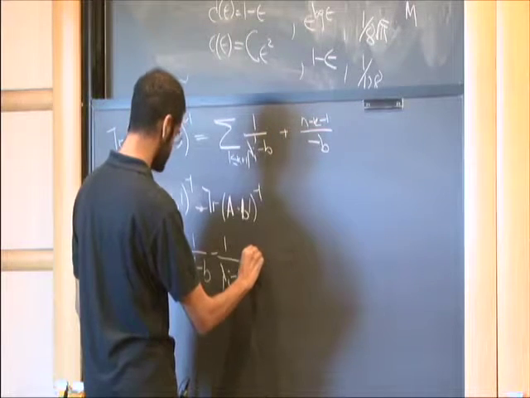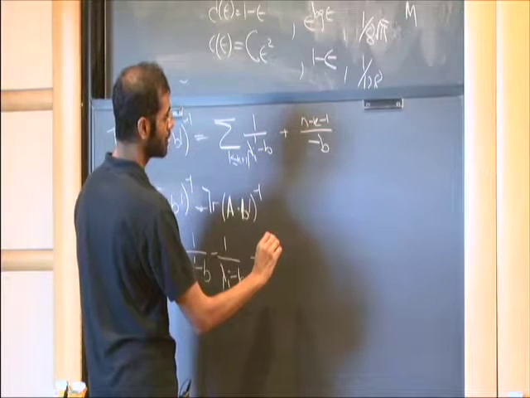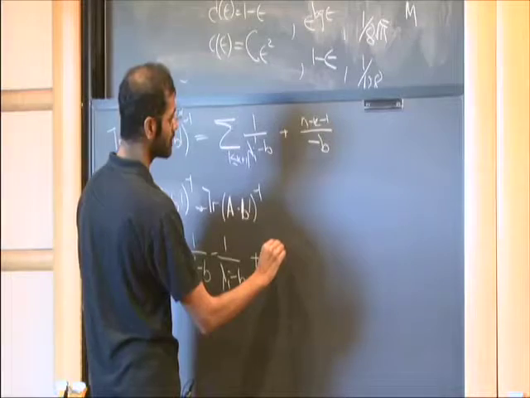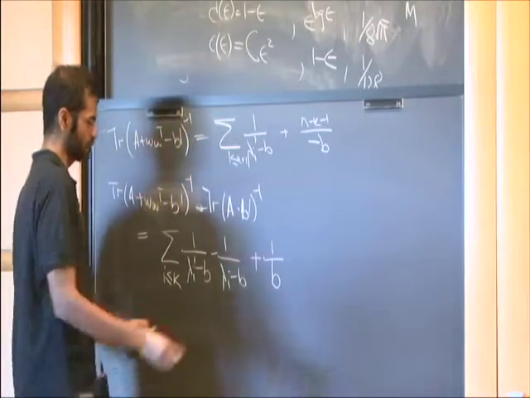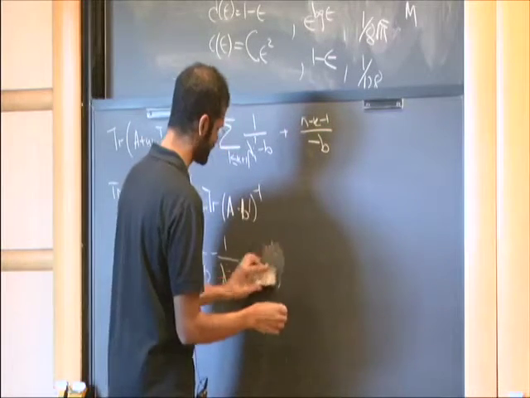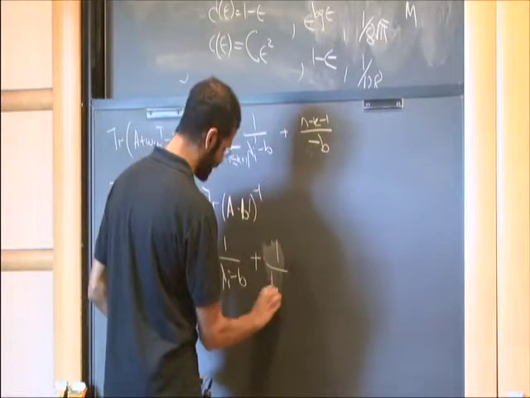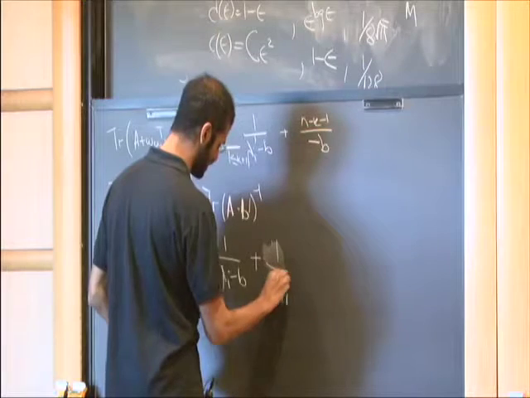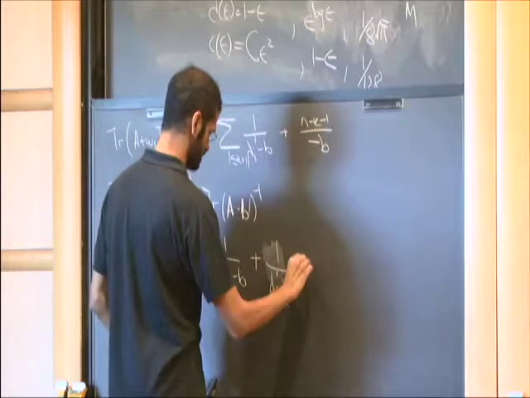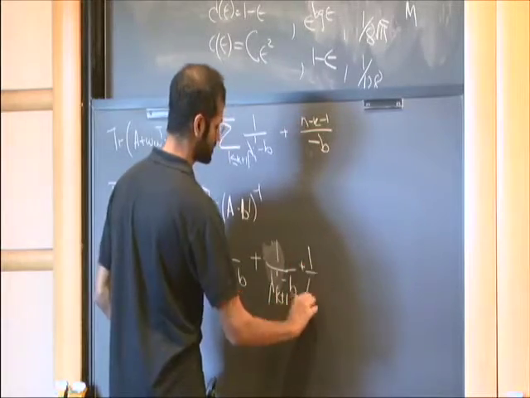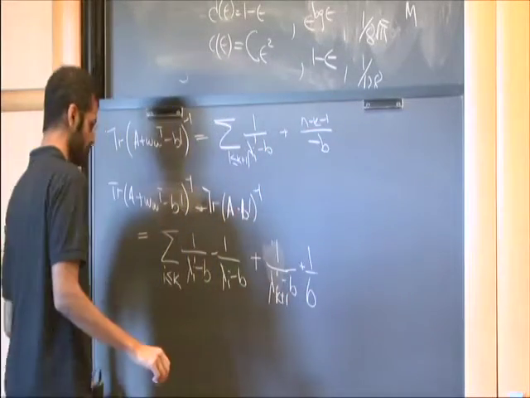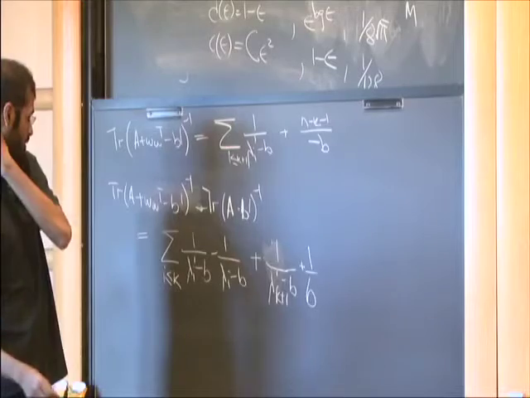So plus 1 over B, actually. Oh, I'm sorry. What am I doing? Plus 1 over lambda k plus 1 prime minus B plus 1 over B. Okay.